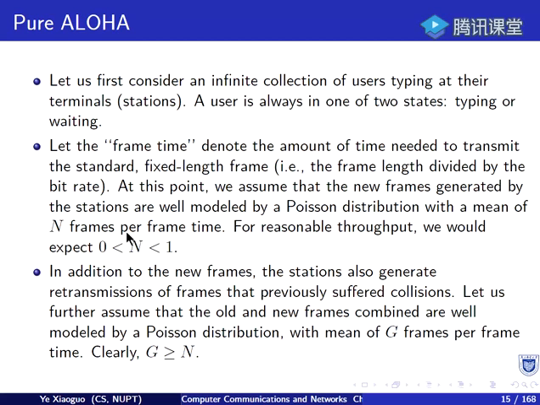The minimum, 0, means no frames are transmitted, so during the frame time the channel is idle. The maximum, 1, means exactly one frame is transmitted per frame time. The channel is busy with 100% efficiency.